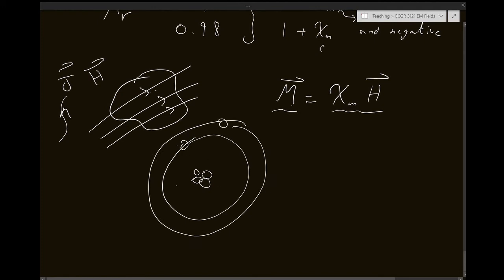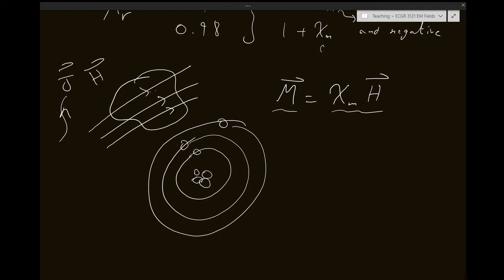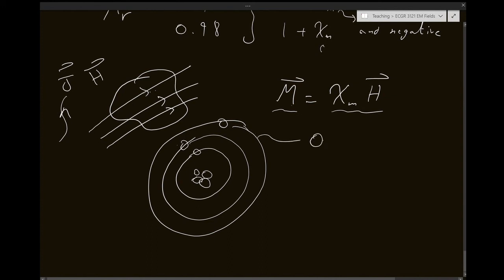And this is not exactly a classical model. This is a quantum mechanics model. So there are magnetic moments due to two components, due to the orbit of the electrons and due to the spin of the electrons, right?